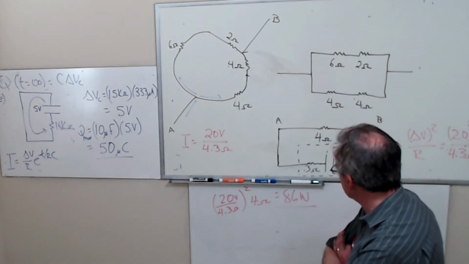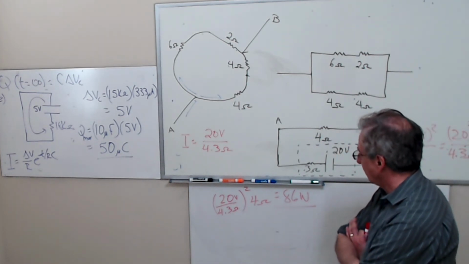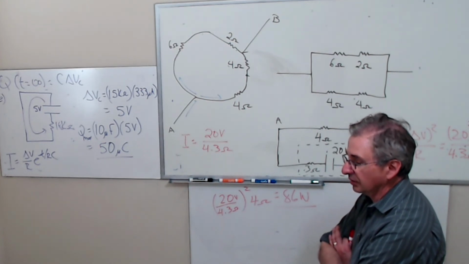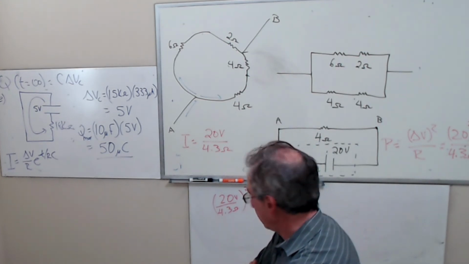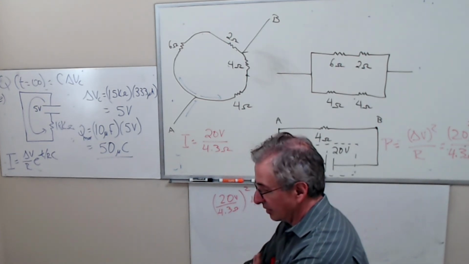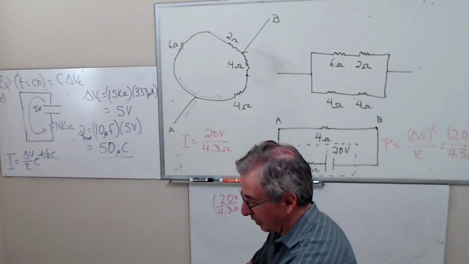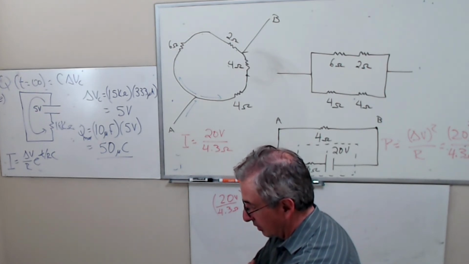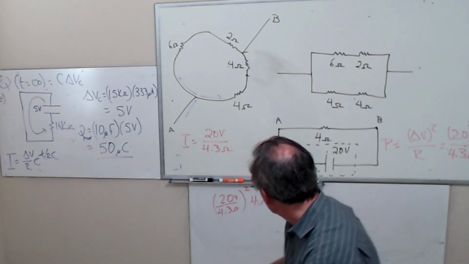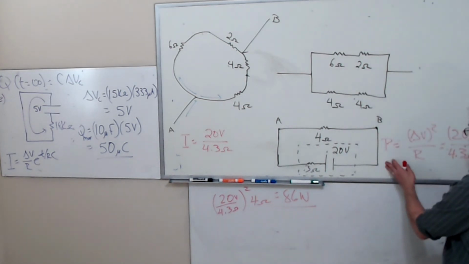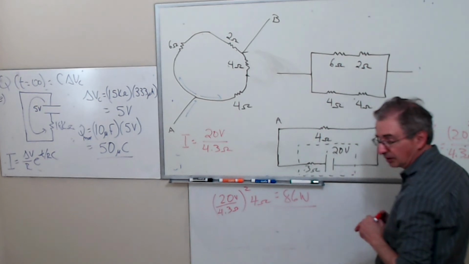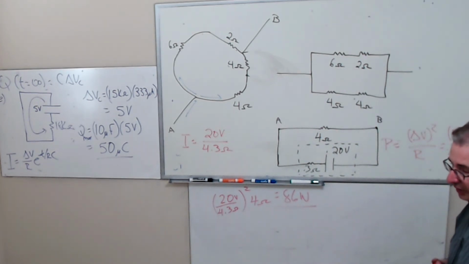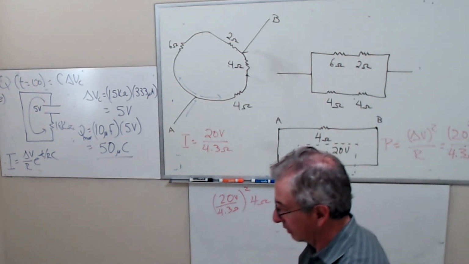I guess it's just easy to see it the other way. It's a matter of which one we're supposed to solve for, but either way is correct, right? If I was answering for the whole circuit, this would have been correct. If I'm answering for this, then this is correct. Yeah, I just have to read it carefully. But you're right.